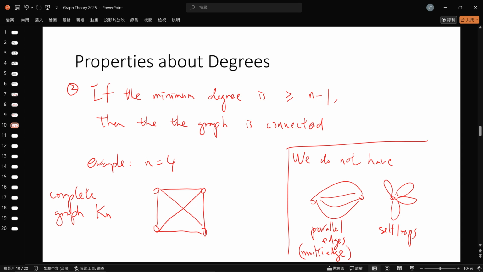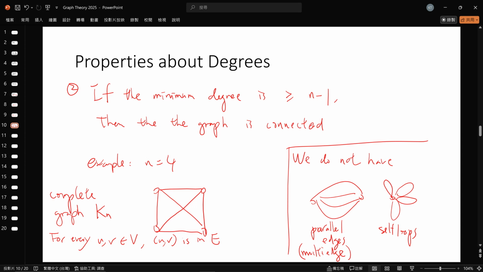It is a graph where for every 2 vertices, there's an edge between these 2 vertices. So for any 2 vertices u and v in the graph, there's an edge between them. That's the definition of a complete graph.